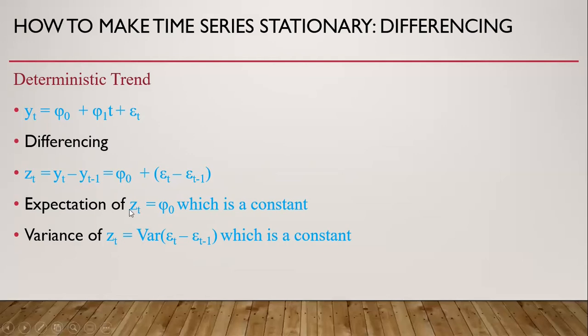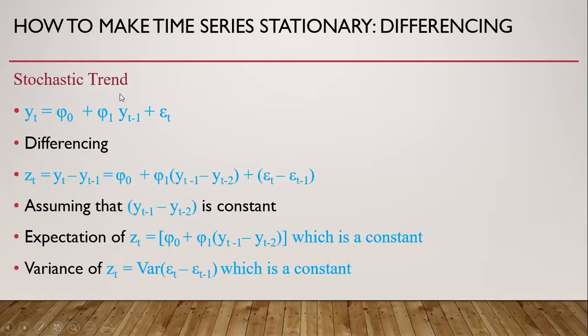So the expectation of this representation is constant because the expectation of these error terms is zero. So we are left with this term. So it is constant, and the variance of z sub t is the variance of these error terms. So this is also constant. This is how differencing makes a time series stationary if it is a deterministic trend.